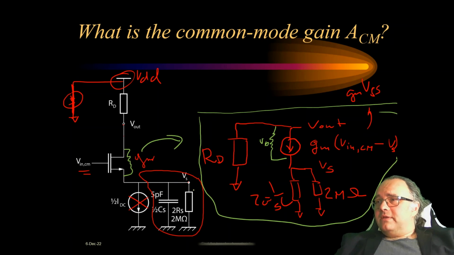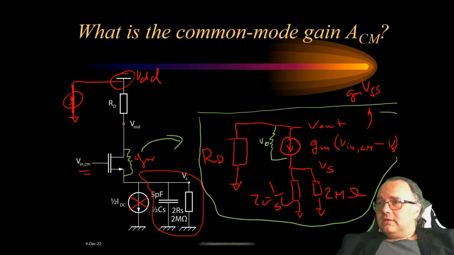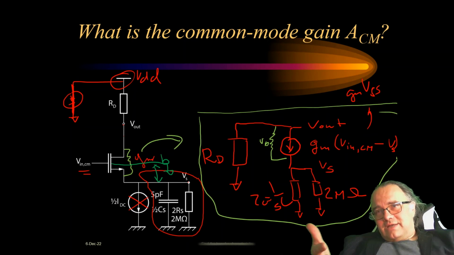The other thing that I ignore is the body effect. This has to do with the fact that here it's not shown, but the bulk is usually connected to ground. And now I have a voltage between the bulk of the transistor and its source. As you know, the bulk acts as a second gate and influences the threshold voltage of the transistor.